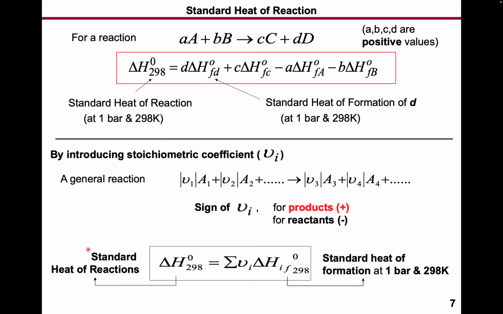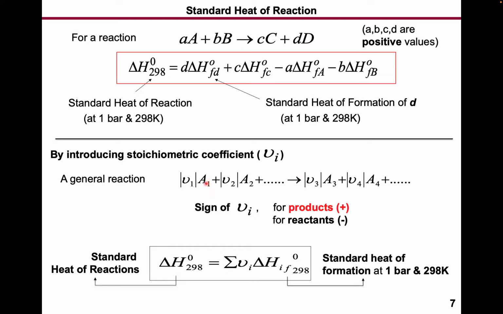And then for the standard heat of reaction, delta H 298 0 is just equal to the summation of VI times delta HI F 298 0, right? So I here means which species you are talking about, right?